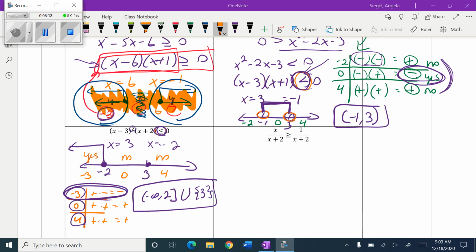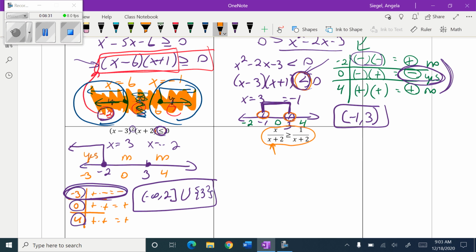Okay, we have 2 more. So when you have fractions like this, we want a 0 on top and a 0 on bottom, but we're going to treat the 0 on bottom differently than we would the 0 on top, because you can't have a 0 on bottom.